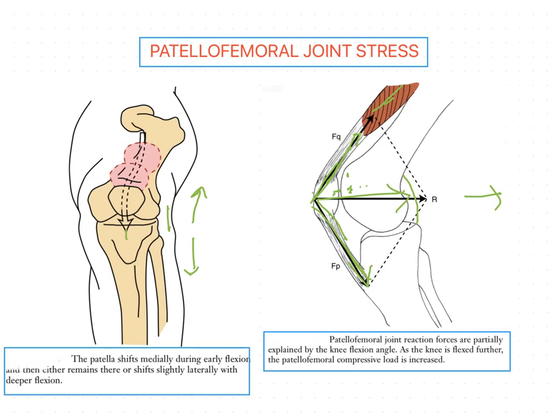So these are the pulls of the vastus medialis and vastus lateralis, which decrease the joint stress at full extension. This is the reason why some of the exercises designed for improving quadriceps muscle strength are straight leg raising.